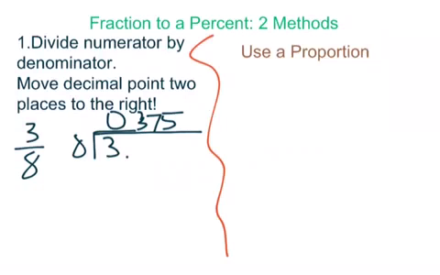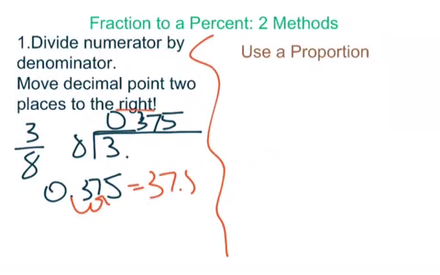So the equivalent decimal to 3/8 is 0.375. But to go one step further, we're going into a percent, so we're going to move that decimal 2 spots to the right. If you like that method, you're more than welcome to use it.